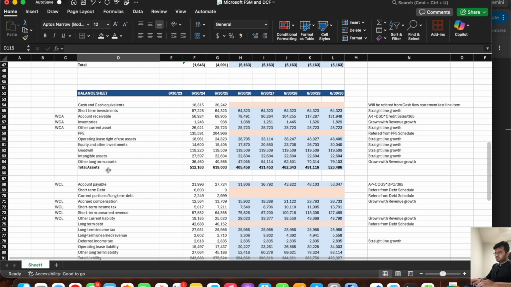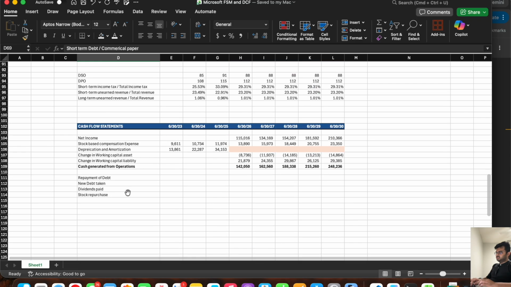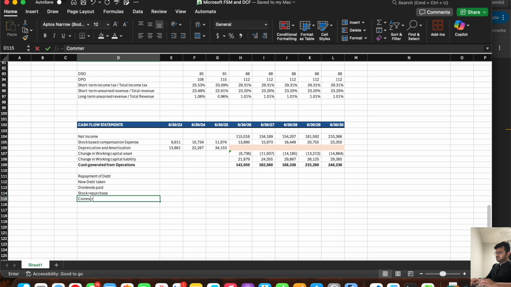If you remember, if I go back to our balance sheet, we have short-term debt, which is sometimes also called commercial paper. You could take a note of that as well. I will add one line item here as commercial paper.